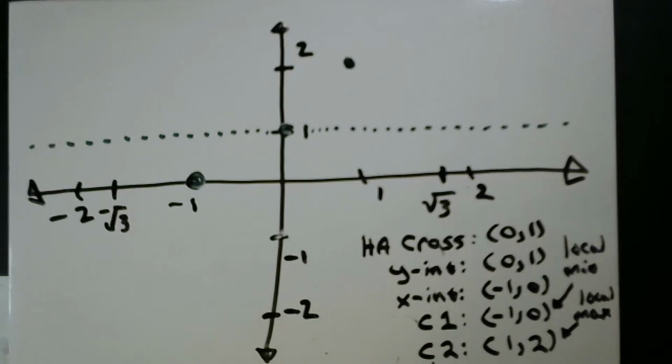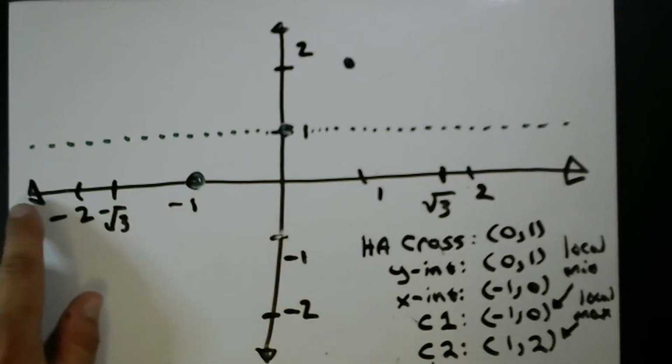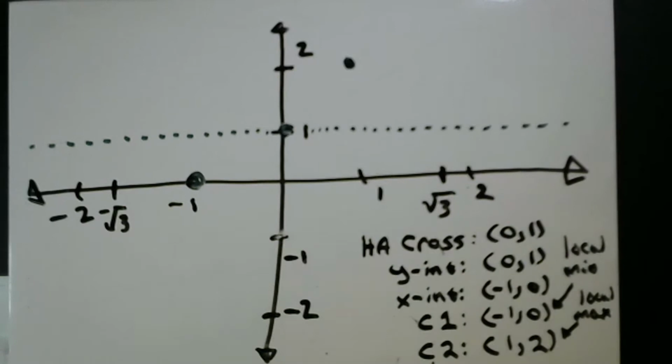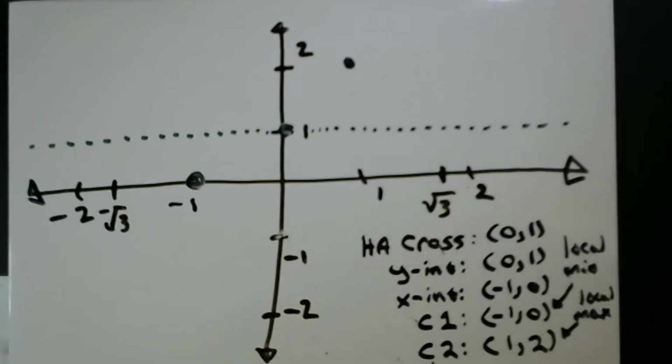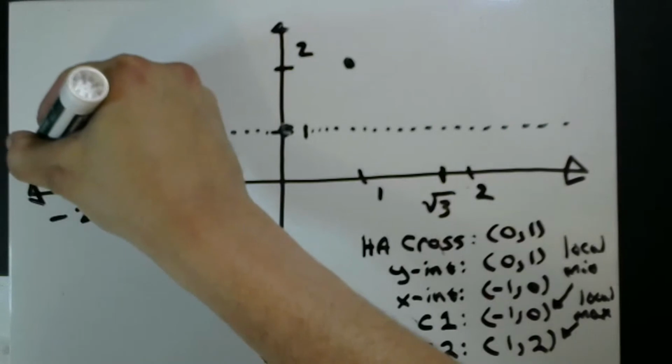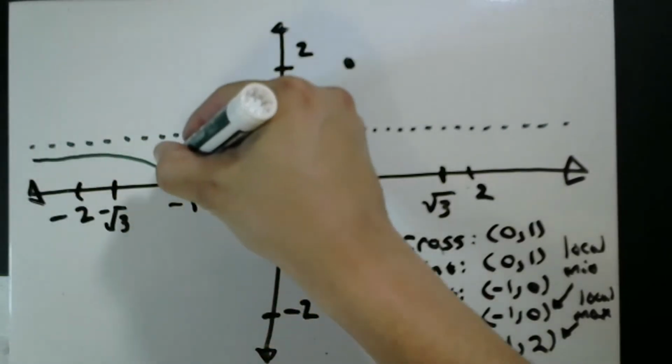Now, let's talk about the first derivative test. The first derivative test says that the function is always decreasing to the left of -1. So that means the function is doing something like this.